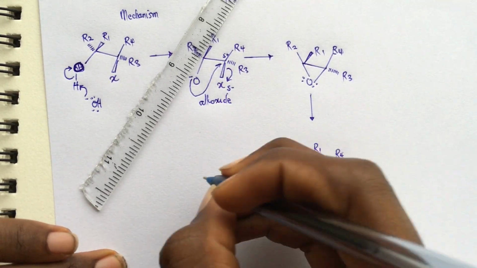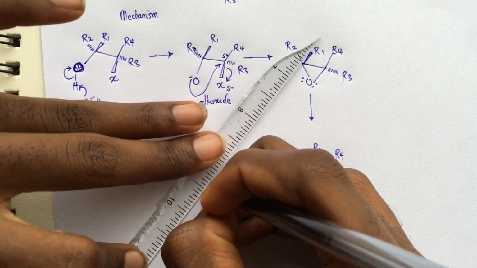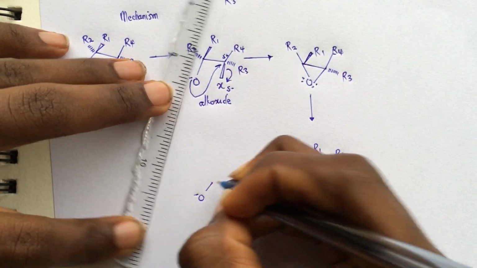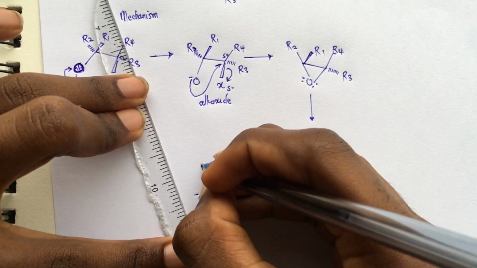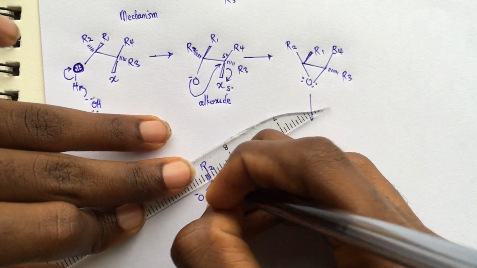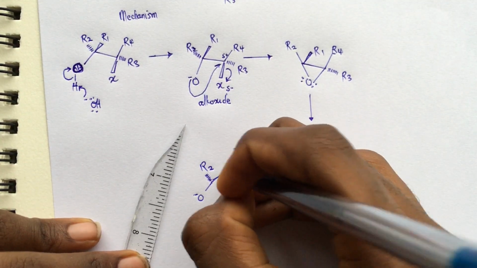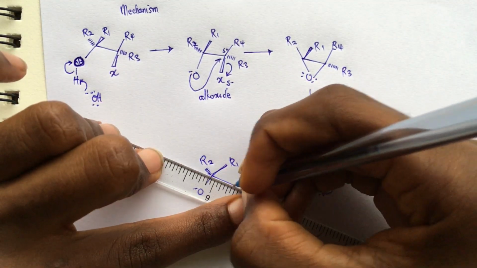So now let's try and move. Now we are going to have our alkoxide here. We are also going to have our R2 back, and then on our solid wedge we are going to have R1, all bonded to a carbon.